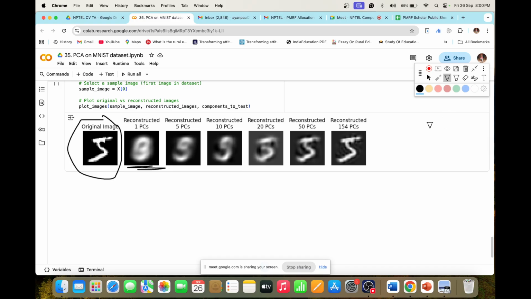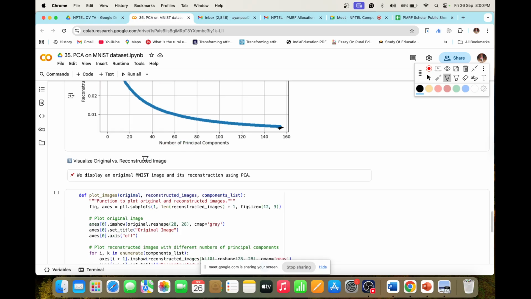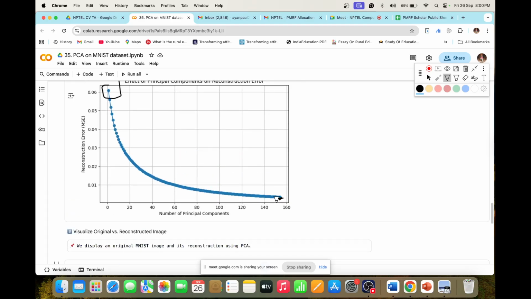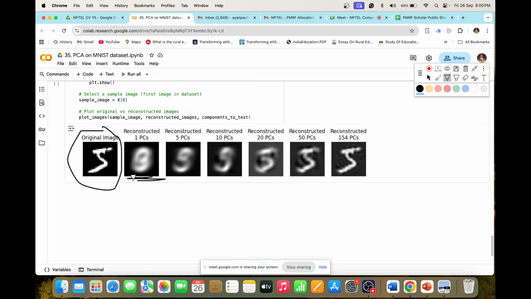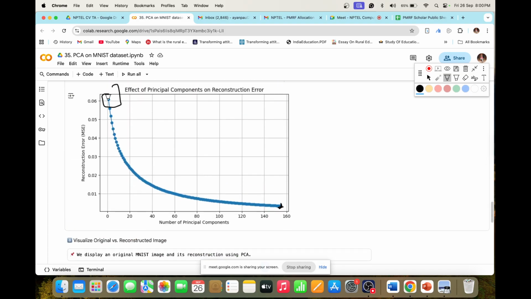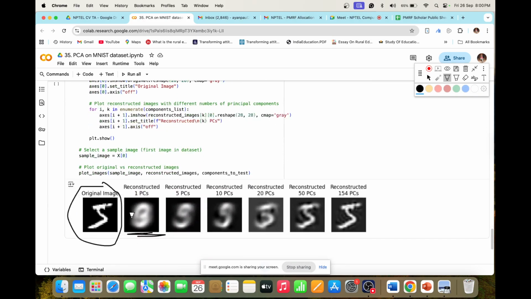We have 784 principal components, but our idea is to retain 95% of variance, so we had to take about 150 or 155 principal components. With one principal component, the reconstruction error is much higher, and the image is very blurry.